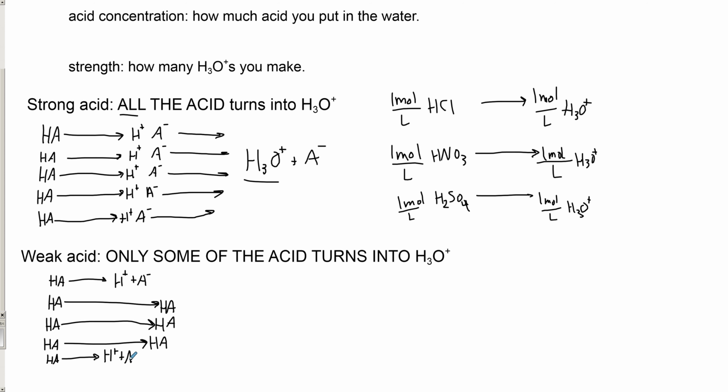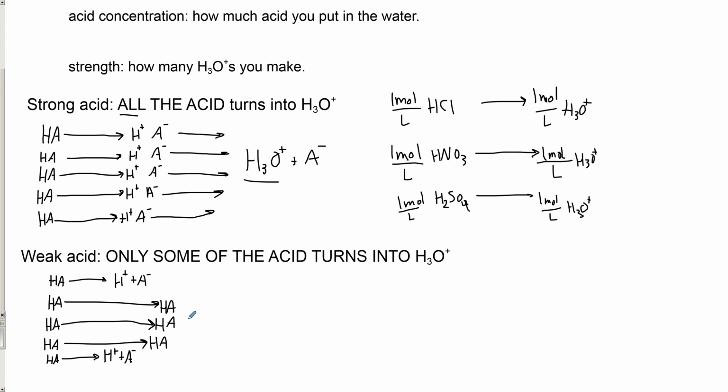So the big difference, look at these acid molecules compared to what's going on up here. In a strong acid, they all ionized, and all of them made H3O. In a weak acid, only some of them ionize, these two, but 3 of them remained not ionized. So they remained together.